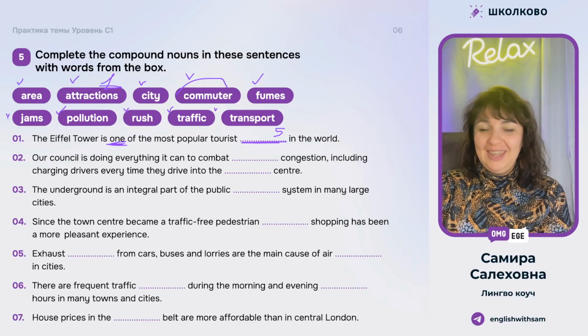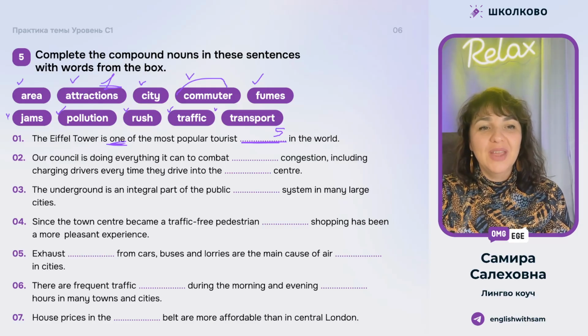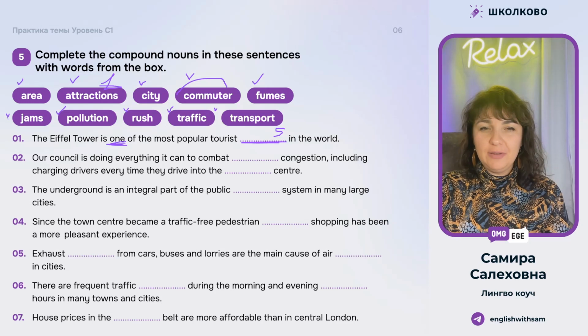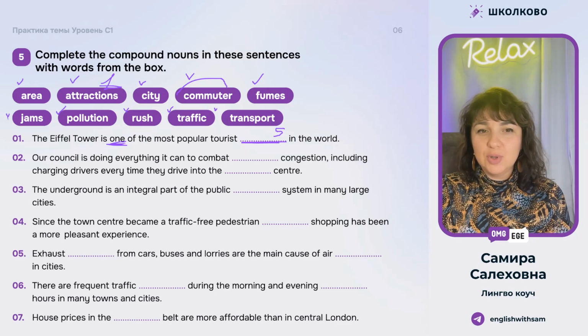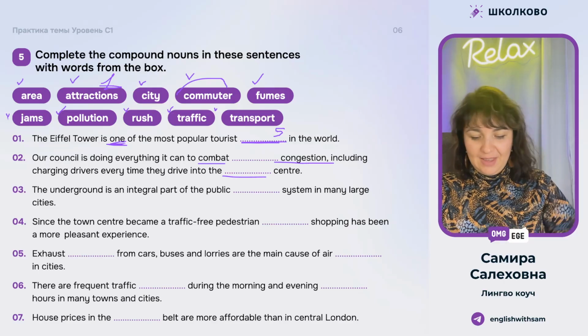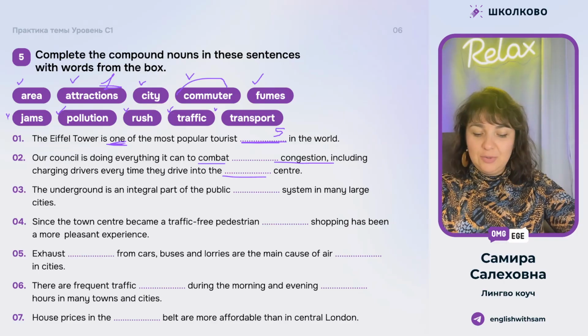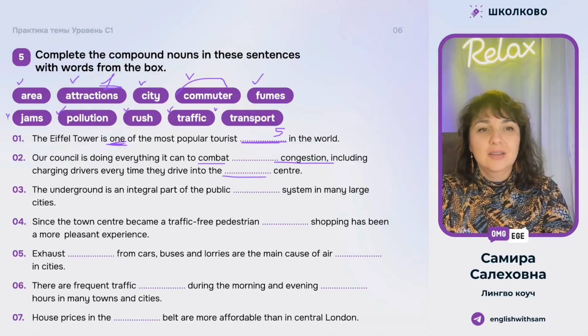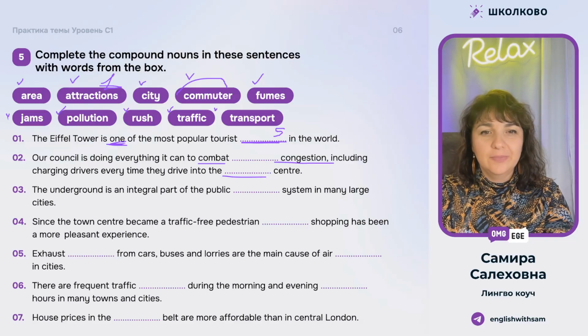Так, окей. So number 2. Our council is doing everything it can to combat congestion, including charging drivers every time they drive into the center. Okay. Traffic congestion.